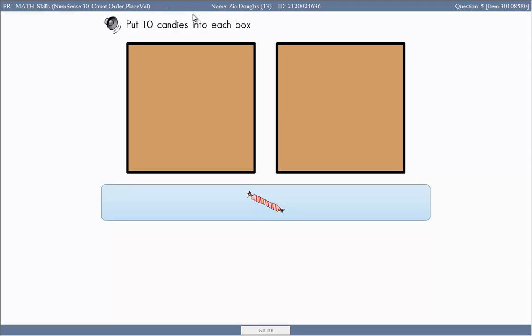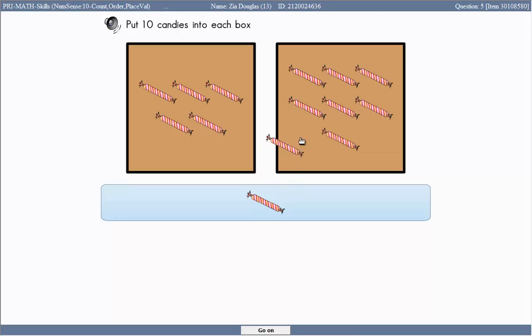If they split it and put 5 in one box and 5 in the other to make a total of 10, that still is counted wrong, because they want 10 in each box. So in order to do that, your kid will have to click and actually physically drag each piece of candy.